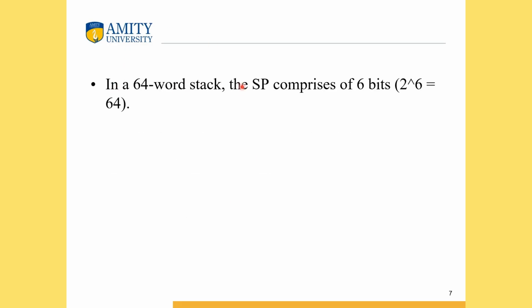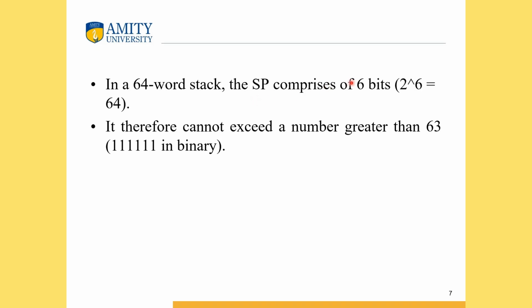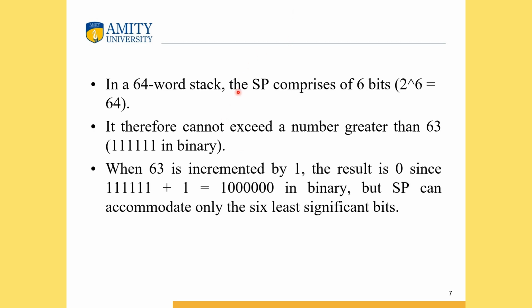In a 64-word stack, the stack pointer comprises 6 bits. So 6 bits can show you different combinations all the way up to 64. It therefore cannot exceed a number greater than 63. So 0 to 63 is the range, and anything above 63 will cause overflow in the stack, which may cause interrupt issues.